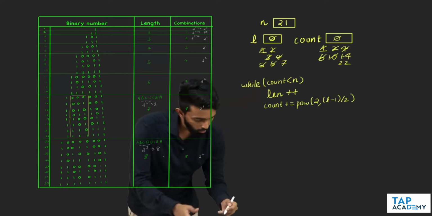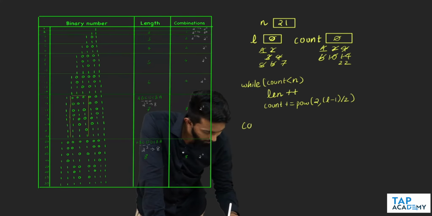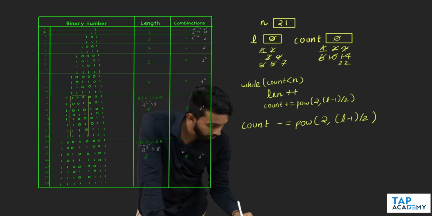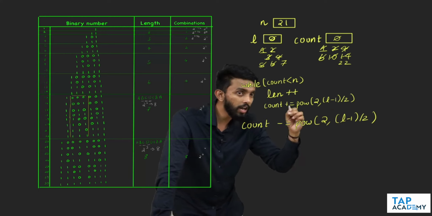Now when I come outside, if I want to go back to the previous value, all I have to do is count minus equals power of 2 to the power (length minus 1) divided by 2, which means whatever happened in the last iteration, I'm undoing it.